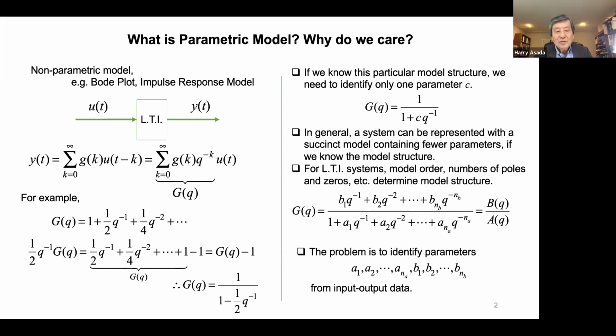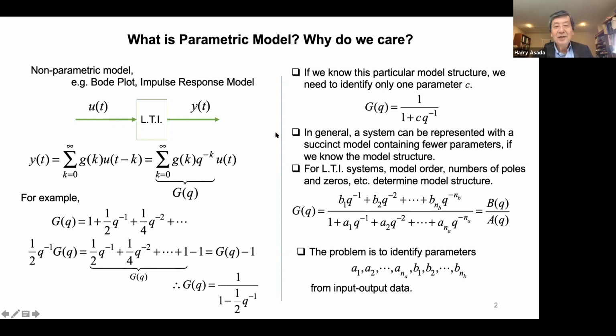So if we know this structure, it can be written in a more general form, G(q) equals 1 over 1 plus c q inverse. All you need to do in system identification is just estimate the one parameter c, instead of an infinite number of parameters, if you take this expression, which is coming from the impulse response.